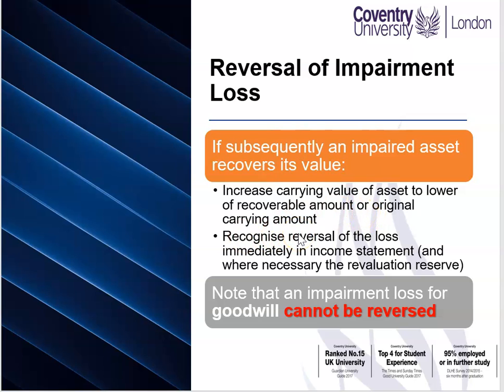So whichever is lower. And that reversal is recognized immediately in the profit or loss or income statement in the year of reversal. However, once you have calculated impairment loss on goodwill, you can never reverse it. Impairment loss on goodwill is never reversed.